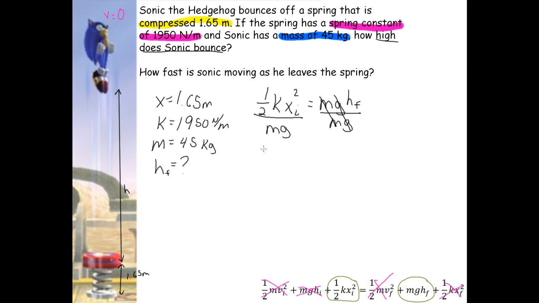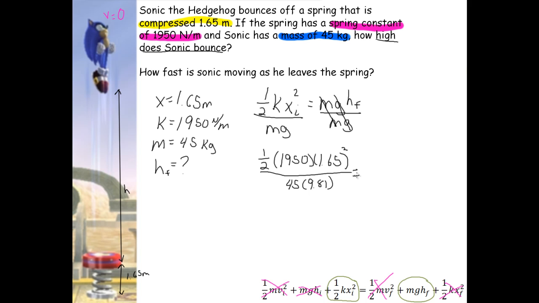So now I just have to plug in my numbers. My k is 1,950. My x is 1.65, and that's squared, all over my mass, which is 45 times 9.81. Now I'm going to give you a couple seconds to type this into your calculator while I do it, and then we'll see if we come up with the same answer.